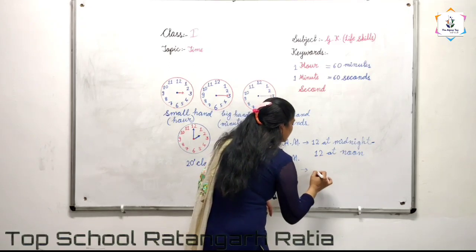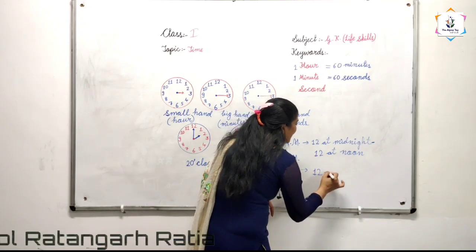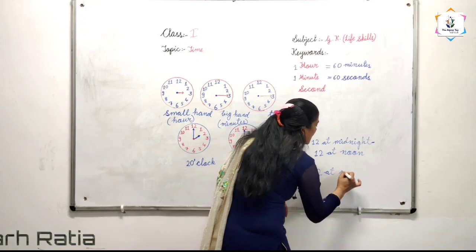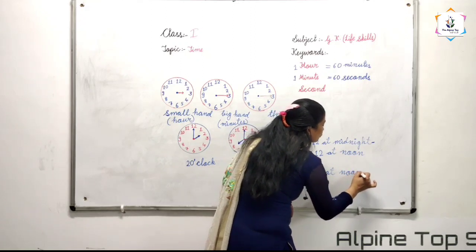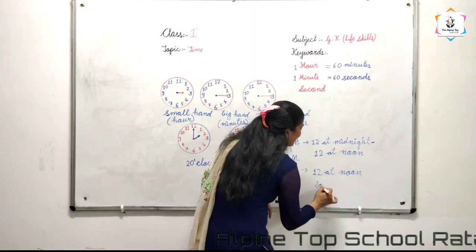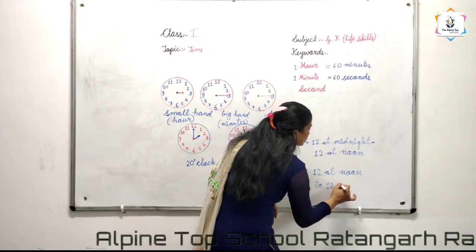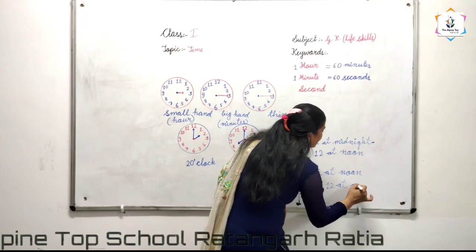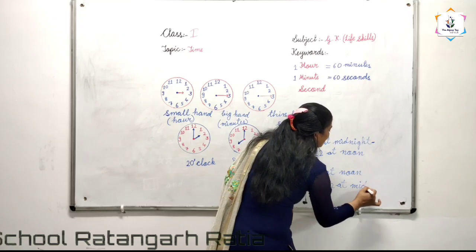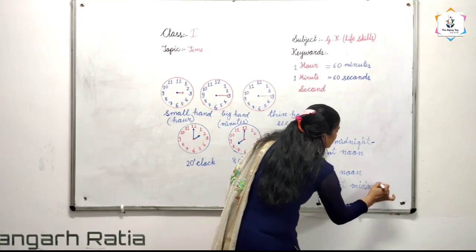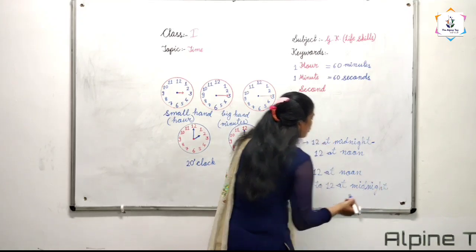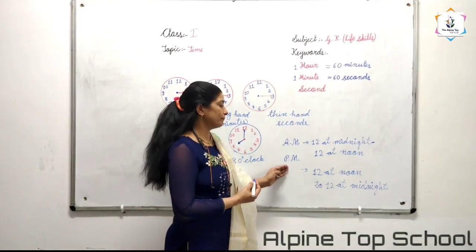After 12 at noon to 12 at midnight we use PM. Like for evening 5 o'clock we have to use PM.